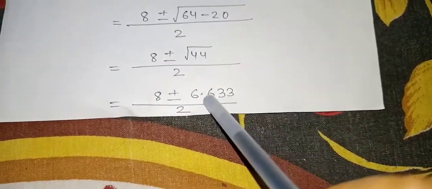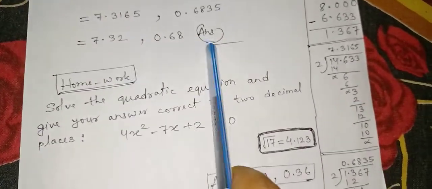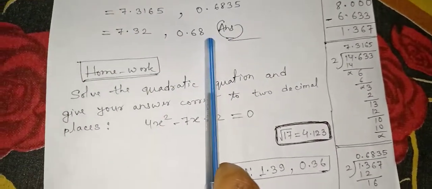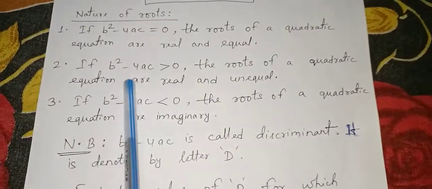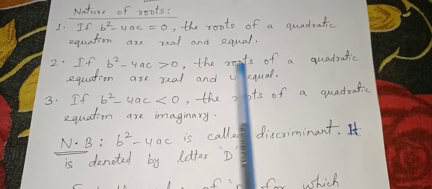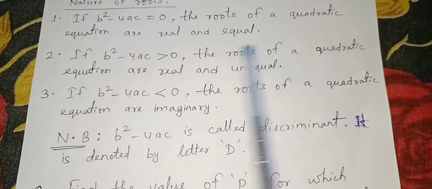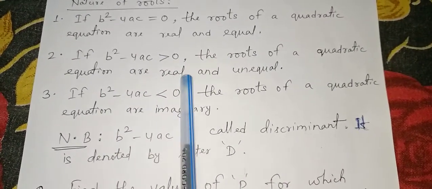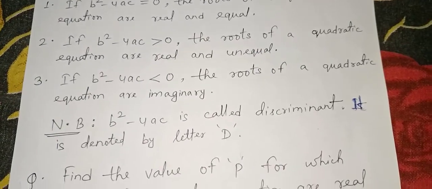Greater than 0 means two different answers will come. They will be real but they will be unequal. So same thing is said here. When b square minus 4ac will be greater than 0, the value of x will be real and both of them will be unequal.